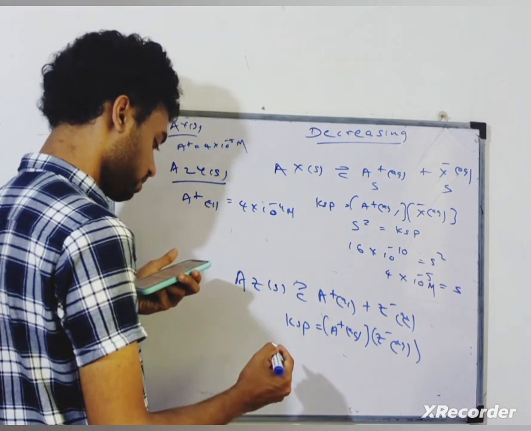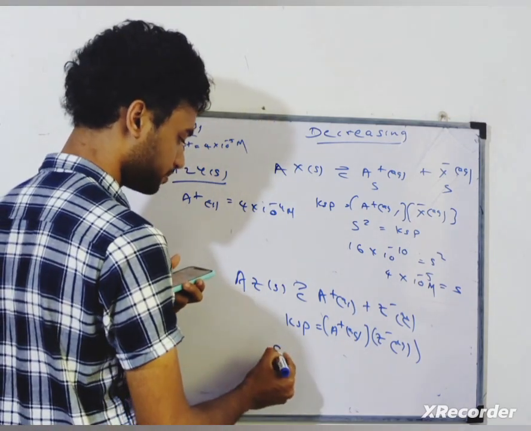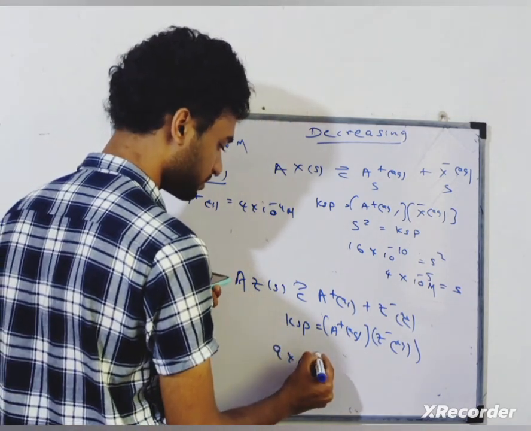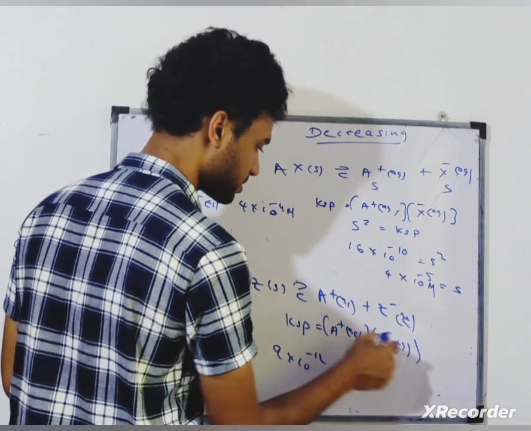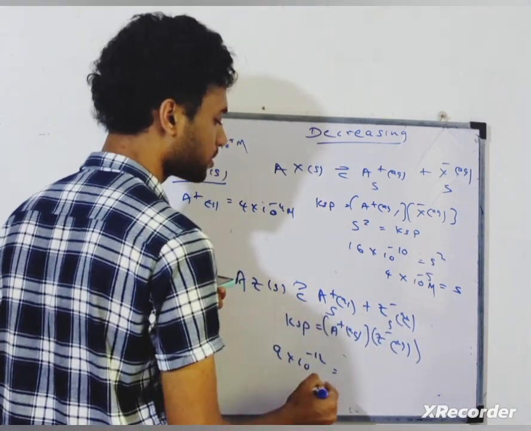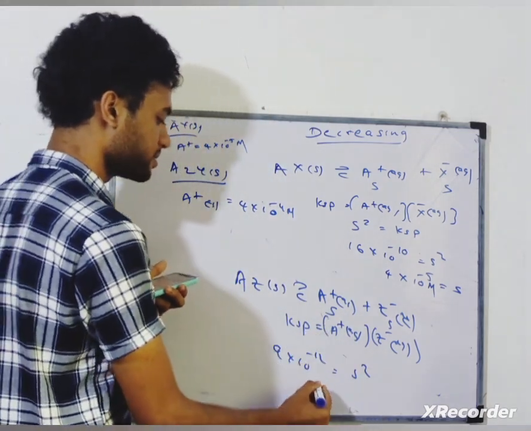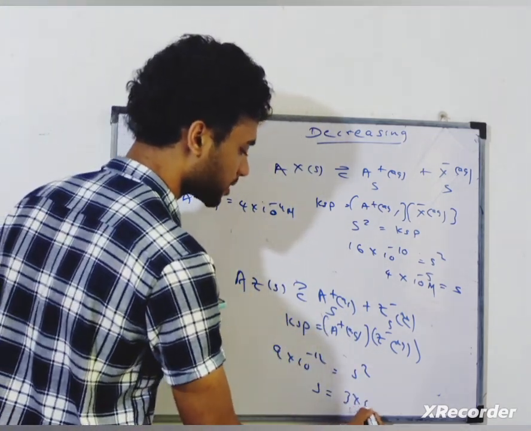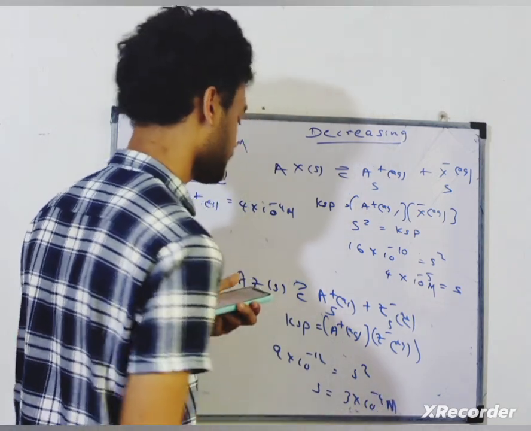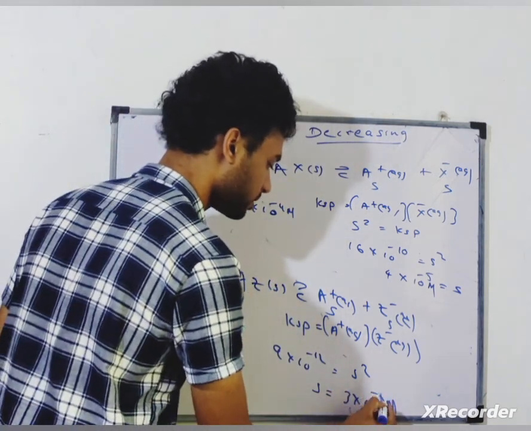What's the Ksp value? 9 times 10 to the minus 12. That is equal to S times S, if the solubility is S. Then I have S squared. S is equal to the square root of 9 times 10 to the minus 12. That means S is equal to 3 times 10 to the minus 6 M. That clear? 10 to the minus 6 M.